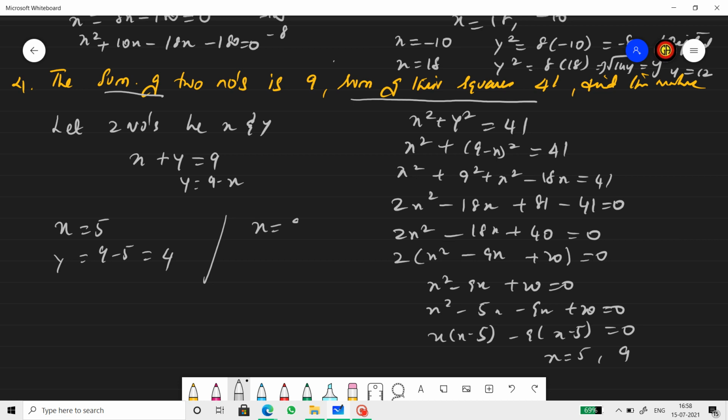Or when x is 9, y will be 9 minus 9, 0. That doesn't satisfy the question because the squares will not add to 41. Hence this is rejected and the answer is 5, 4.